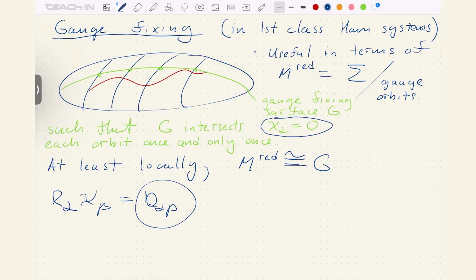So let me remind you what it looks like in coordinates. R alpha is something like R alpha gamma d/dy gamma. So y are coordinates along the gauge orbit.